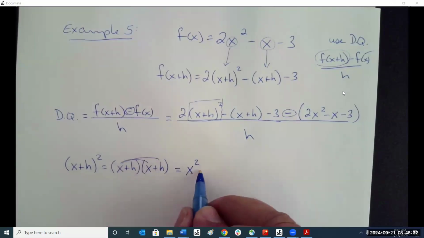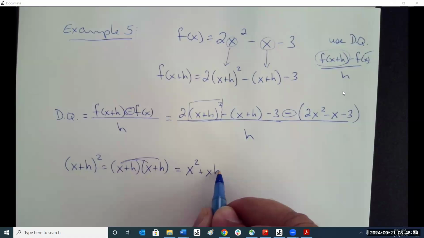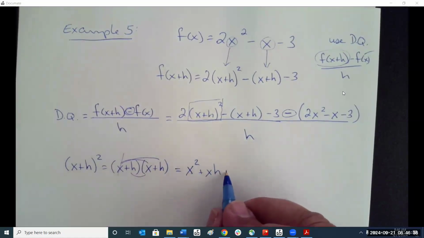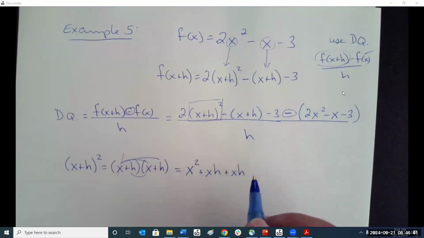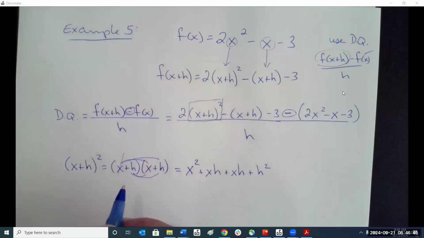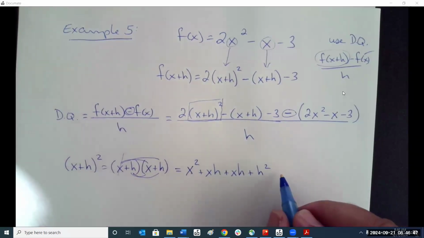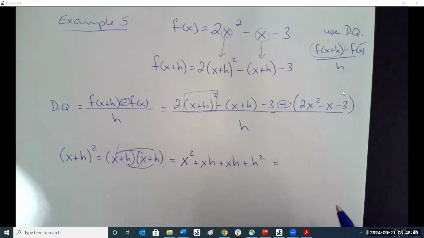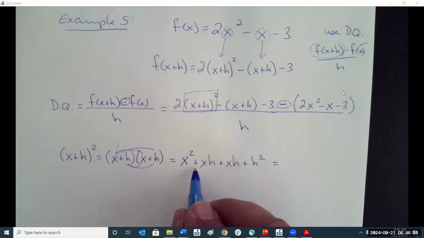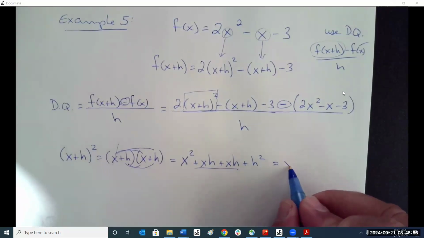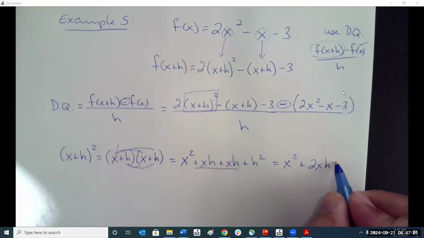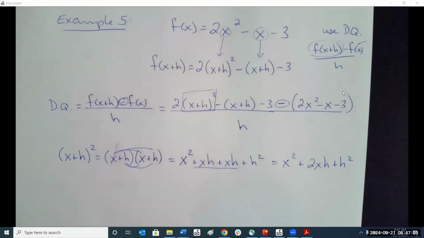X times h is positive xh. That one's finished. H times x is a positive xh. And then h times h is positive h squared. They're all positive, that's why the signs are the same. Whenever you get rid of parentheses, first thing you do is combine like terms. Here's like terms, so that becomes x squared plus 2xh plus h squared.